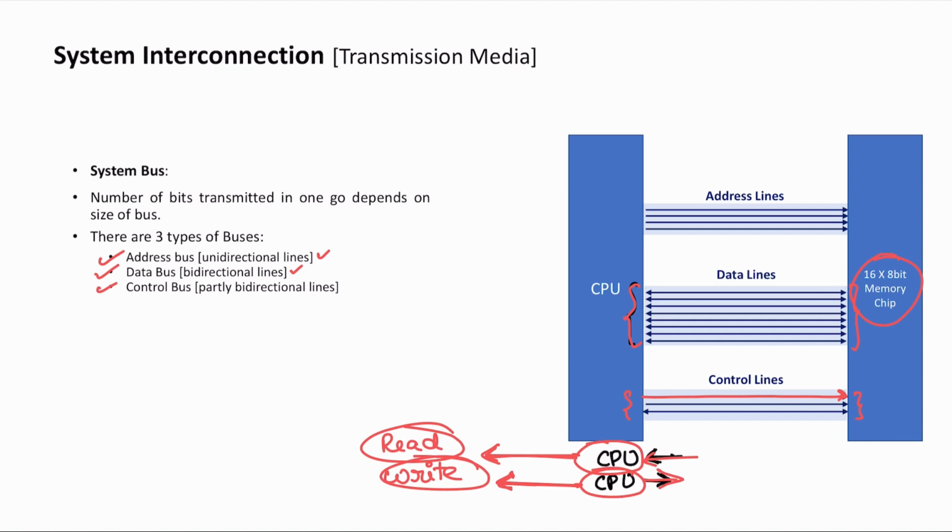An interrupt can come from an IO device to the CPU. Interrupt is one such example. So the control bus will also be called partly bidirectional lines. That means the lines in the control bus can be either unidirectional or bidirectional, some combination of that.